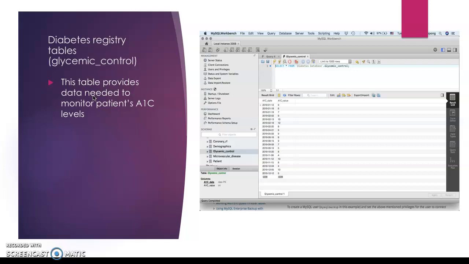All right, my third table is the glycemic control table. This table provides data needed to monitor the patient's A1C level.